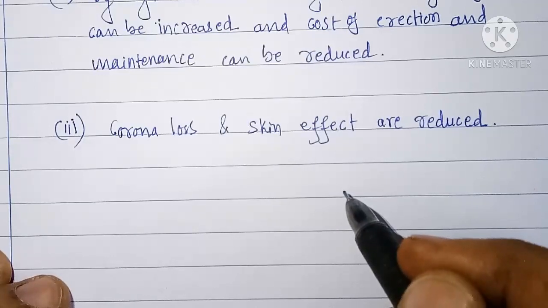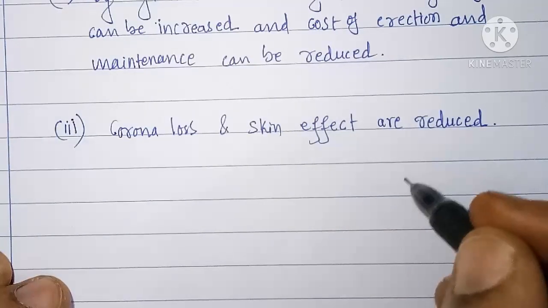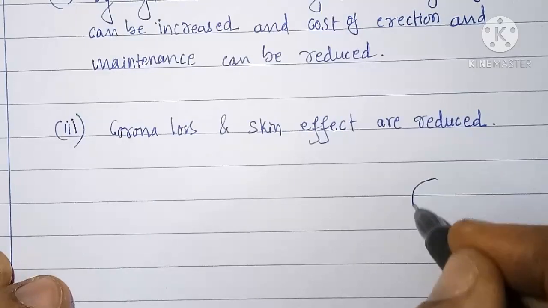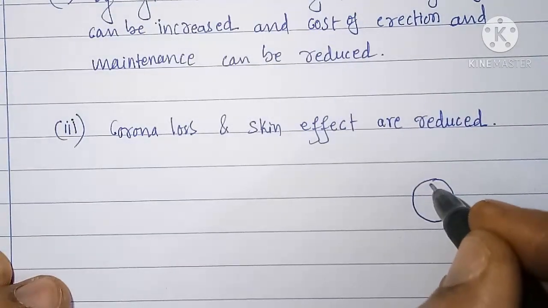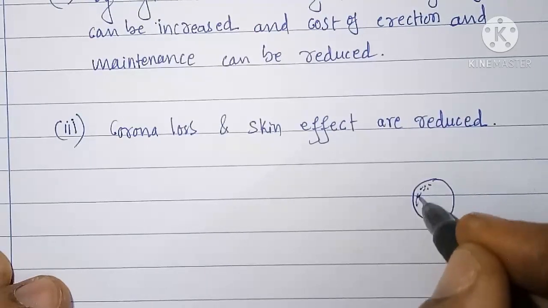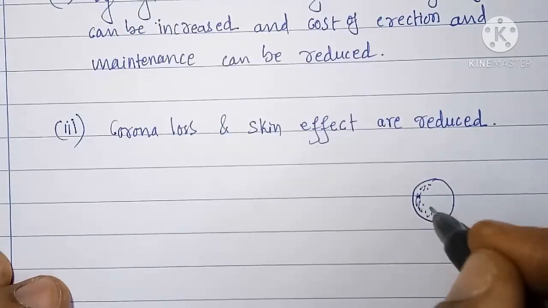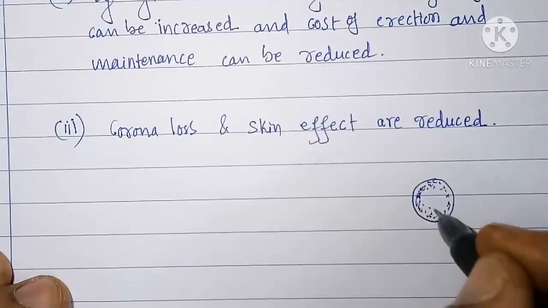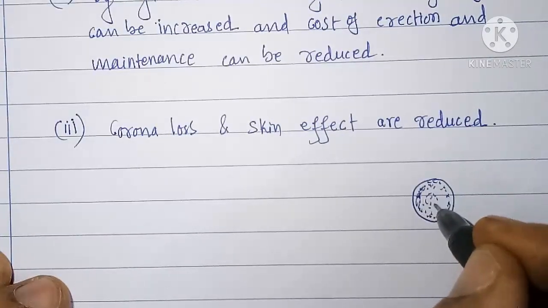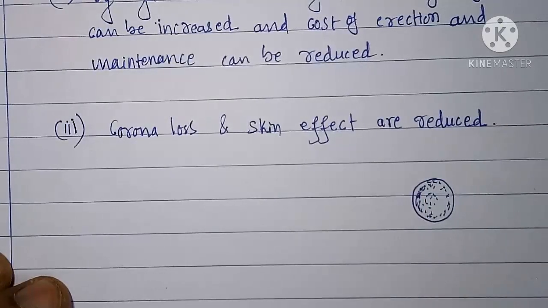That is, the current density near the surface is more than near to the center. If I take a conductor, the current density near the surface is more than near the center.